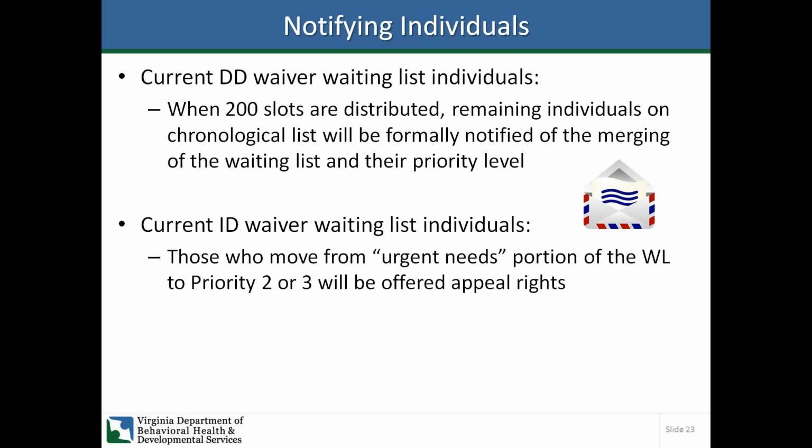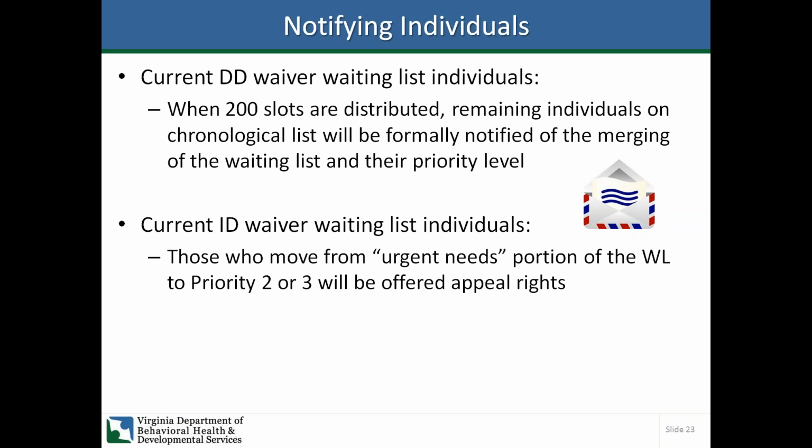Thank you. Will people now living with their family be candidates for the individual and family support waiver as their needs change? And would they later then be eligible for the community living waiver, again, as their needs change? Yes. So individuals who are living with their families, perhaps in the DD waiver, would move directly to the Family Individual Supports waiver.